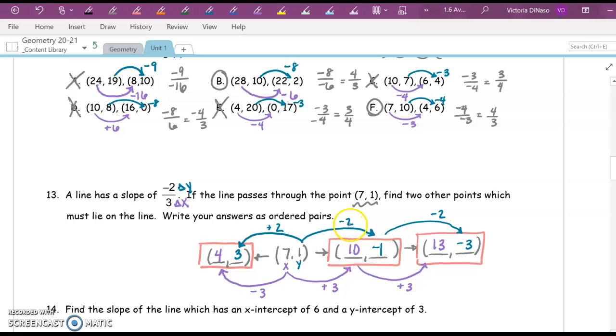And if you check it out, we have negative 2 over 3, which matches negative 2 over 3. Over here, we have 2 over negative 3, which is the same thing as negative 2 over 3. The negative sign, as long as the entire fraction is negative, it's going to be negative. You could put it in the numerator, denominator, or out in front. Either way, it's a negative slope. It has to contain a negative.